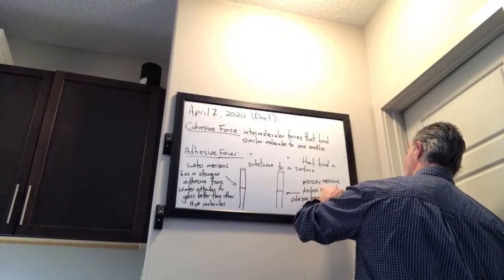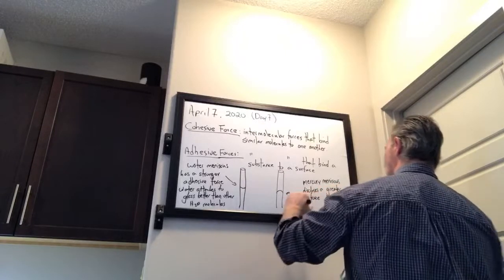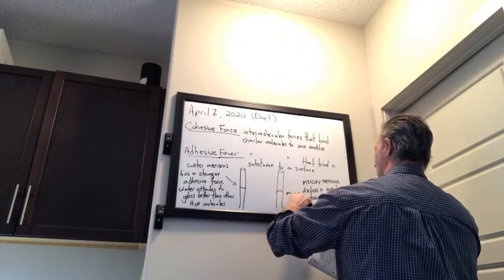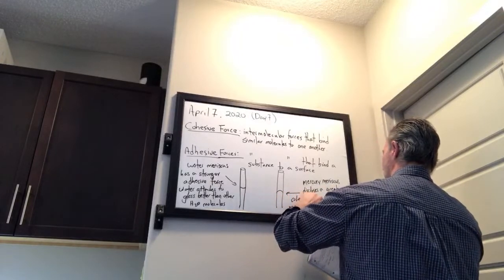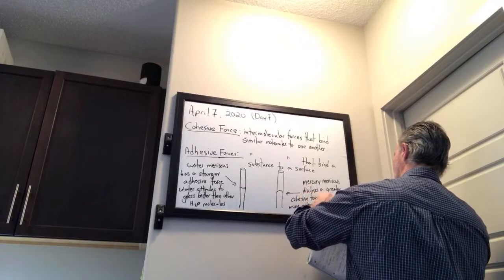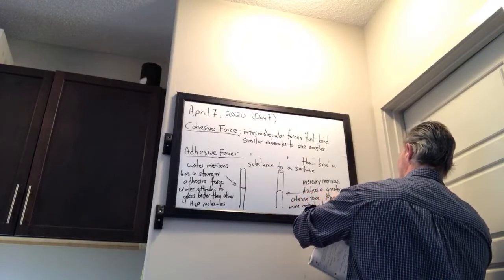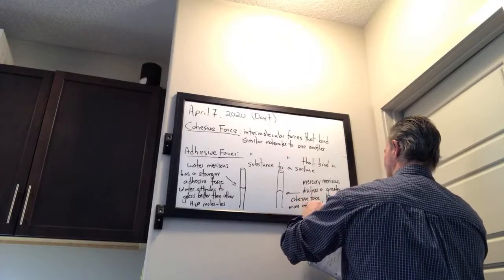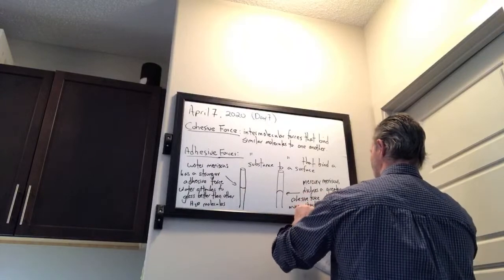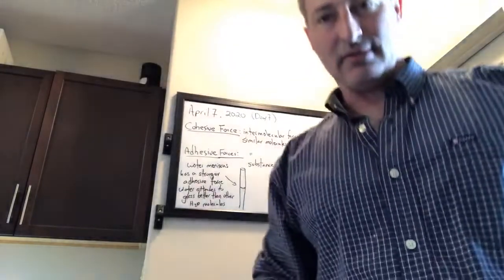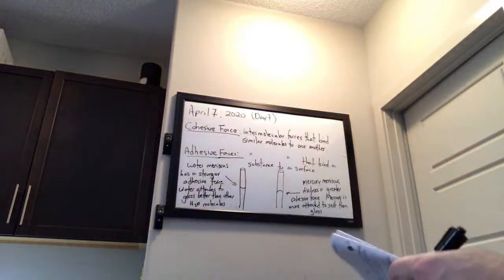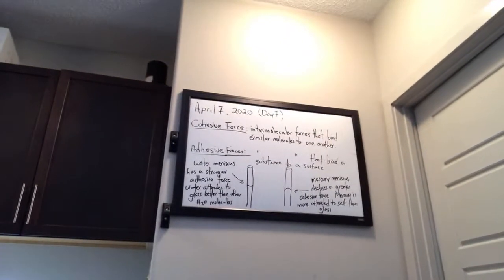Mercury is more attracted to itself than glass. Hope you can read that. You better watch it on TV, or I don't know, you better have good eyesight. I can't get you really much closer than that.